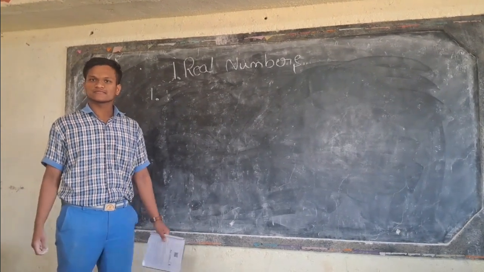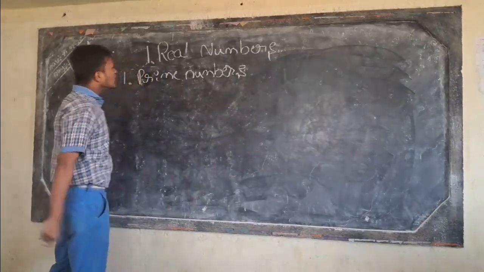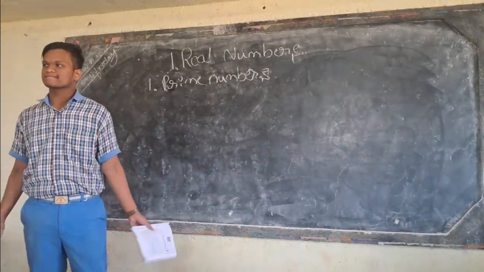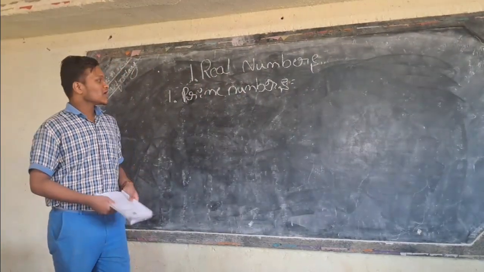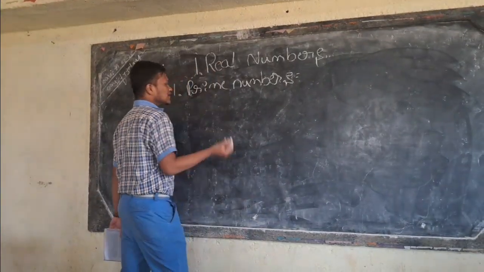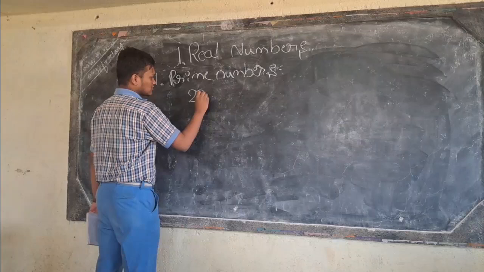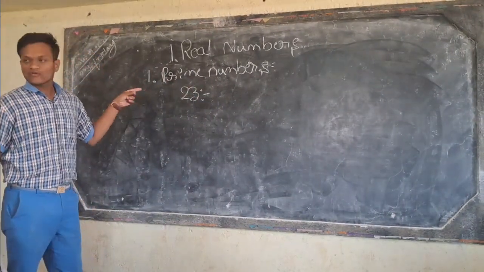Now about prime numbers and composite numbers. First, prime numbers. Anyone who can say about prime numbers? Positive numbers which have factors of 1 and the number itself. For example, 23 can be said to be a prime number. Why?